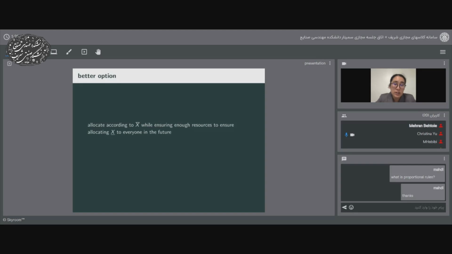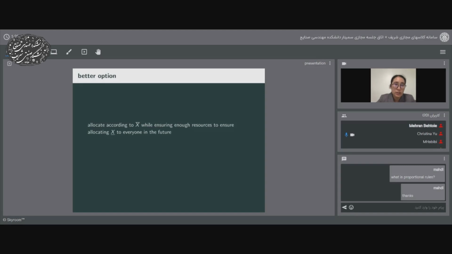The better option is actually to say, why don't I allocate according to x upper bar while ensuring enough resource to allocate x lower bar to everyone in the future. So let me unpack that. Basically, you want to be conservative enough to save enough budget to allocate the lower resource to everyone in the future.